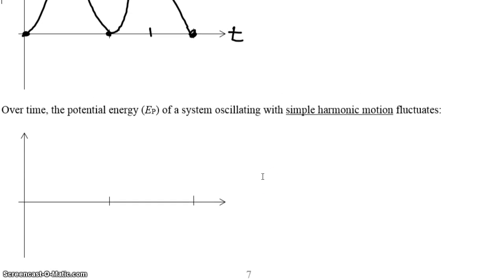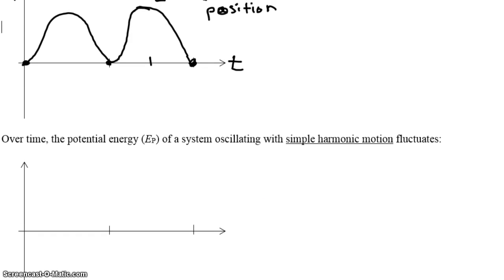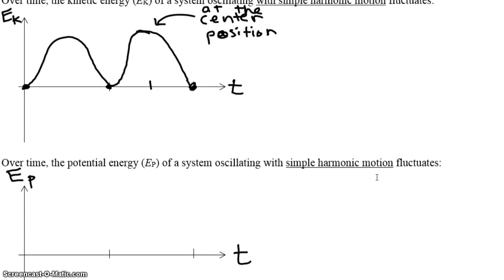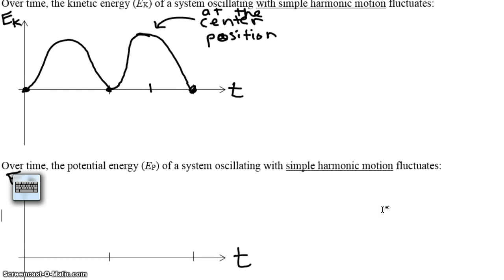What about potential energy? E potential as a function of time. This couldn't be easier. Just like the kinetic energy, it has to be positive. We make it positive. And so, if we have 0 kinetic energy, that means we're at the edge, where it stops the spring, and it means potential is at a max at the edge.